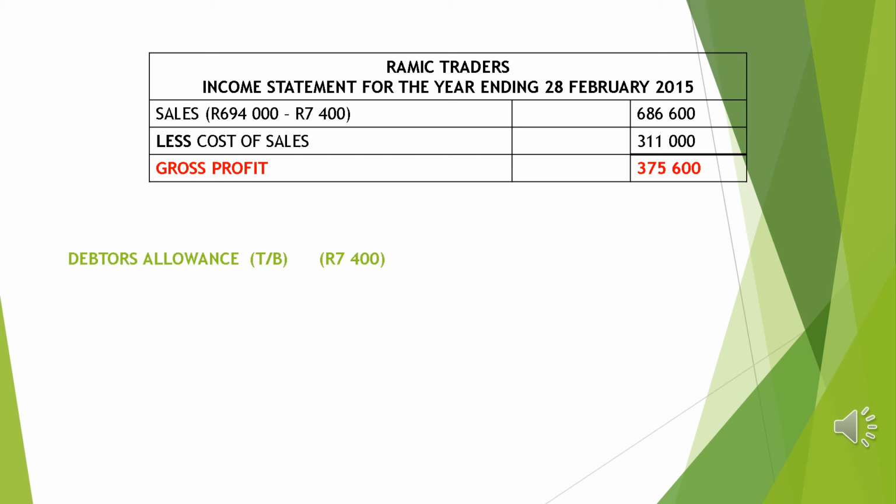Then let us start with the trading account part. By the trading account part, I'm referring to sales less cost of sales, then you get your gross profit. The first part of your income statement looks at revenue collected or generated through selling of goods or rendering of services, less cost of sales.